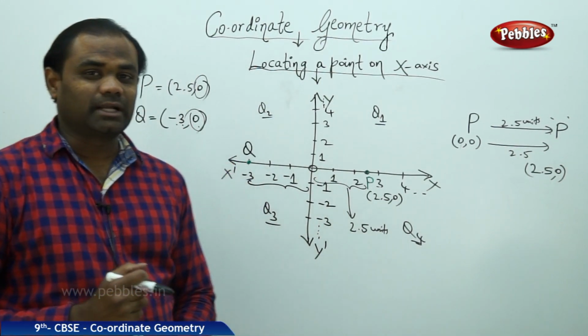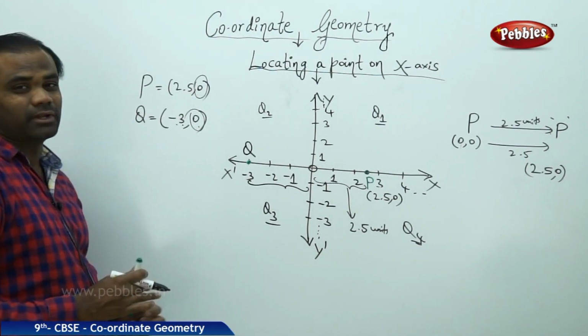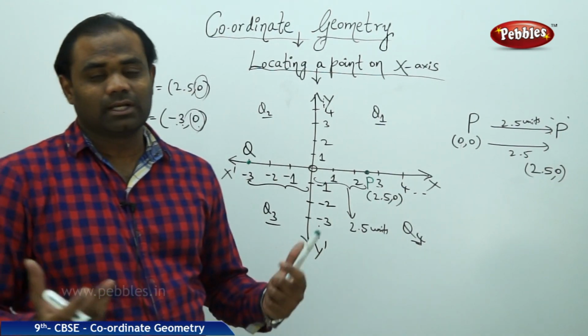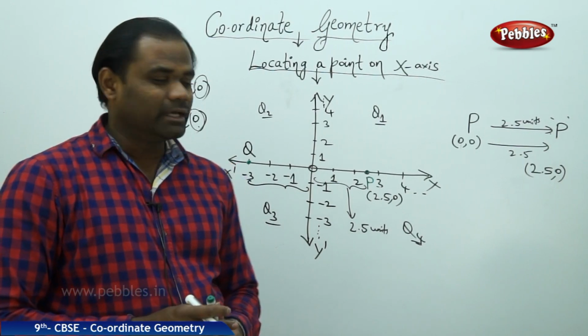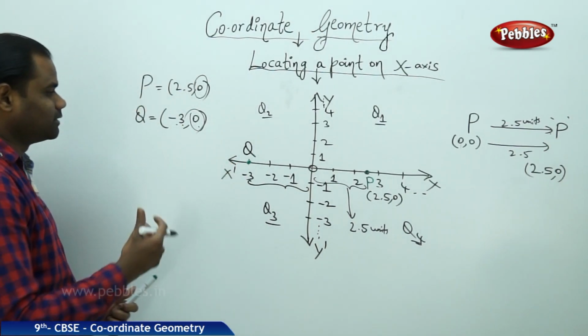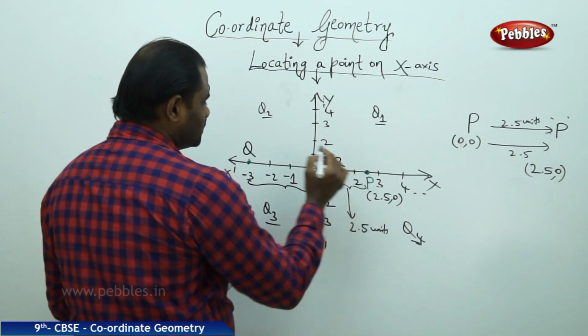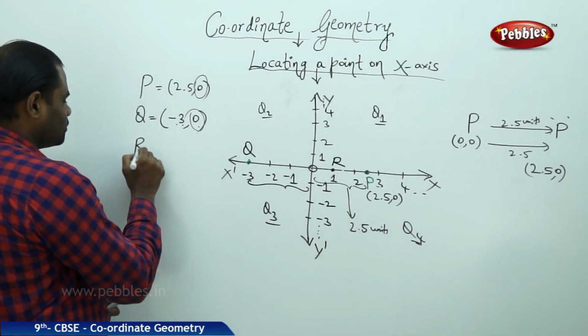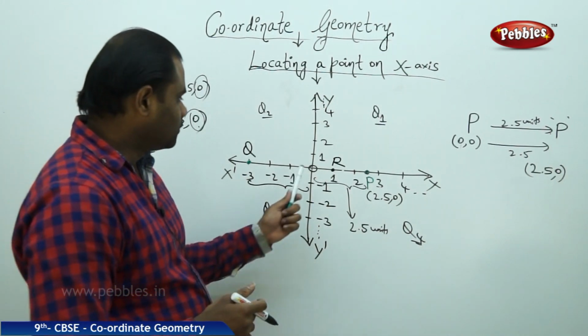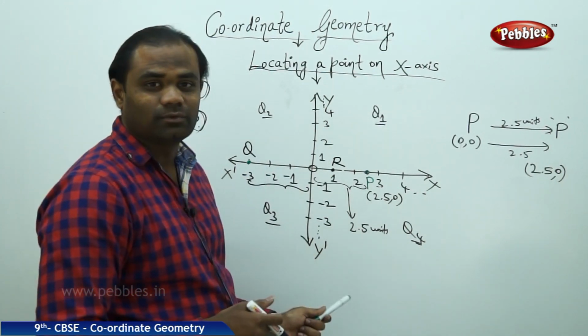So what do we understand from seeing these two coordinates? What is the learning outcome? Clearly, if we try with another coordinate, say, let me take R out here, then I see that the coordinates of R are 1 unit to the right, so plus 1, and no change in y.